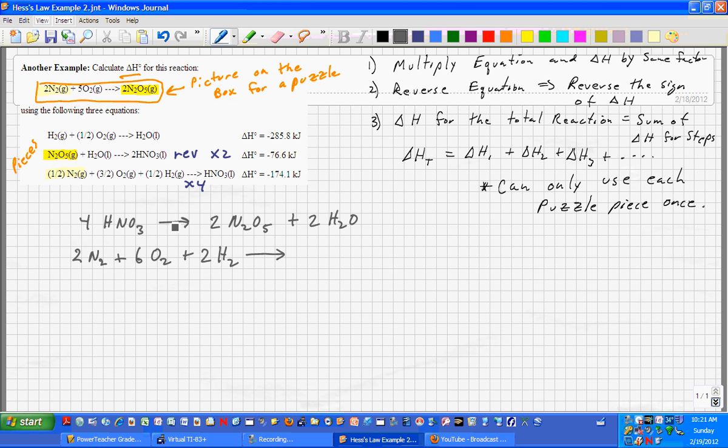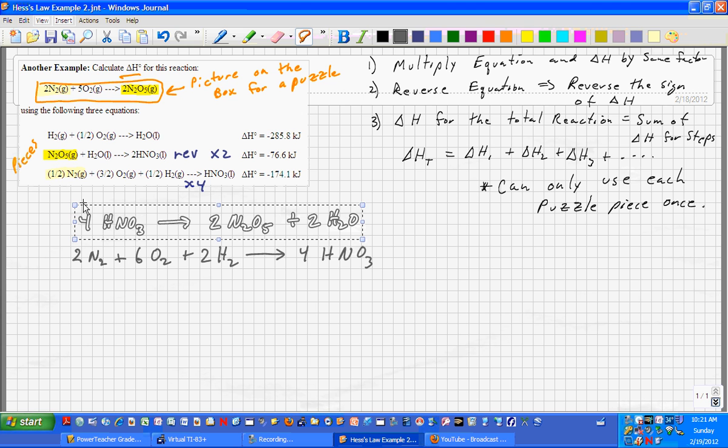I usually like getting these arrows lined up so that it's easier when I go and cancel, but I'll just be careful. And then on the other side is going to be 4 nitric acids, 4 times HNO3. Actually, you know what I can do? I can move that over, I'll bet.